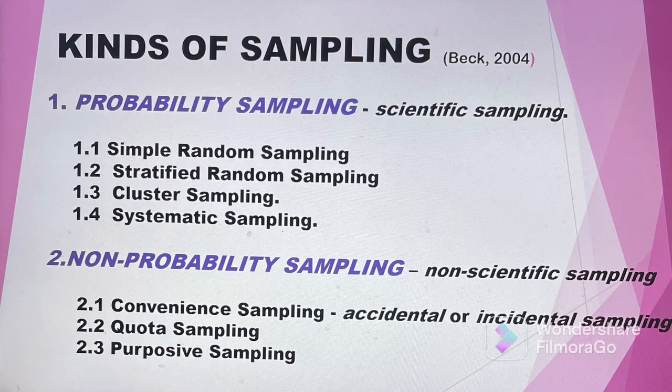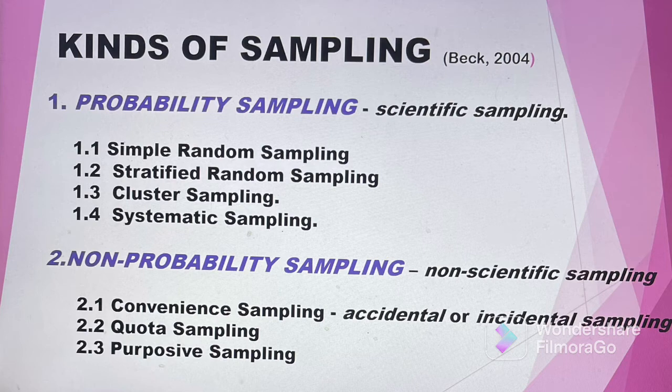So all you have to do is to look for the students who have failing grades during the term, and they can be an element of your sample. So it depends upon your purpose. So these are the types or the kinds of sampling that you have to include. We have the probability sampling and the non-probability sampling.